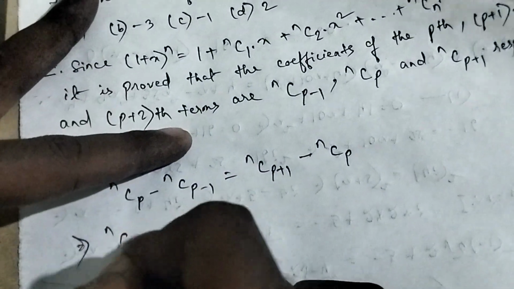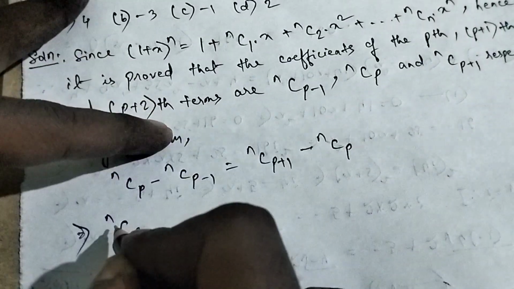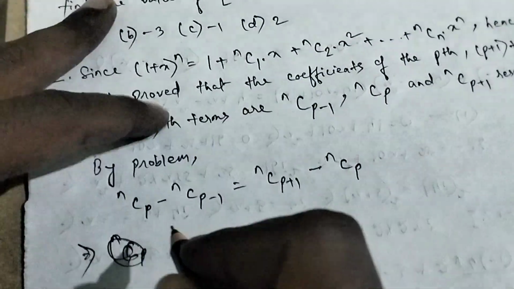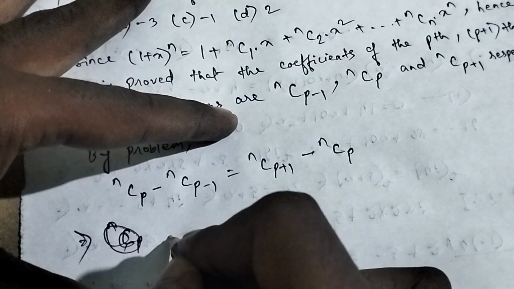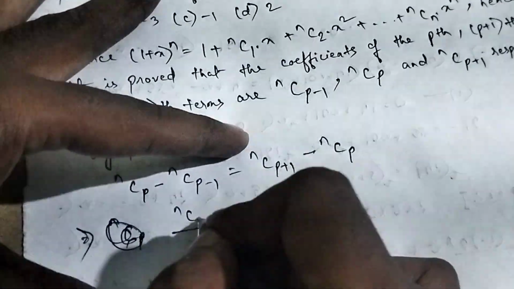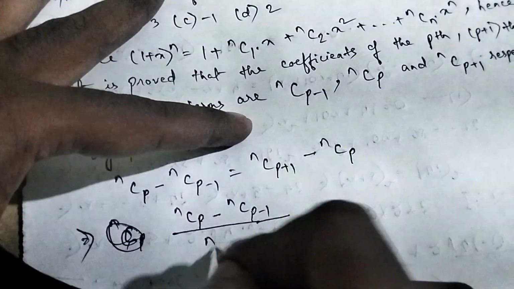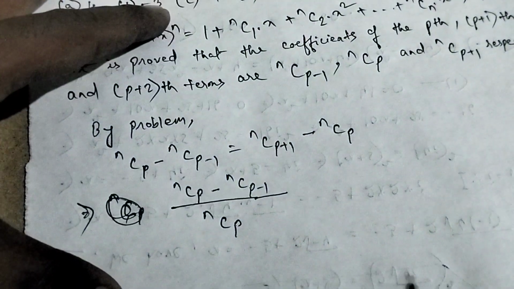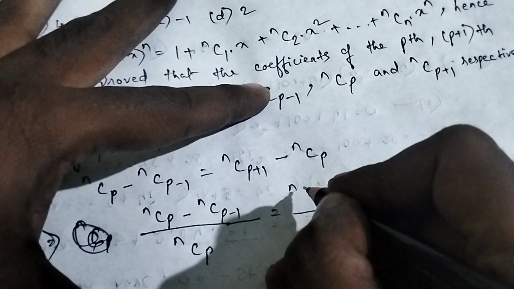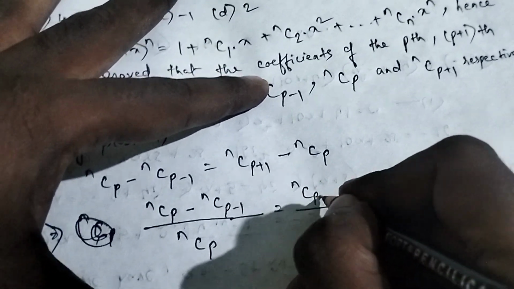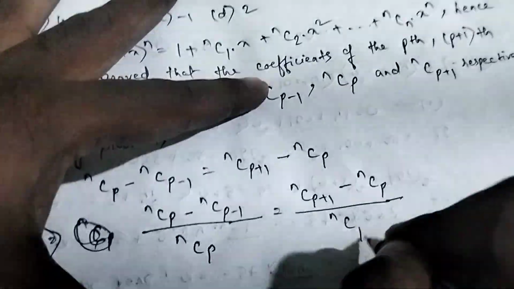nCp. Now what will I do? One thing we can do, I will divide both sides by nCp. So (nCp minus nC(p minus 1)) by nCp is equal to (nC(p plus 1) minus nCp) by nCp.